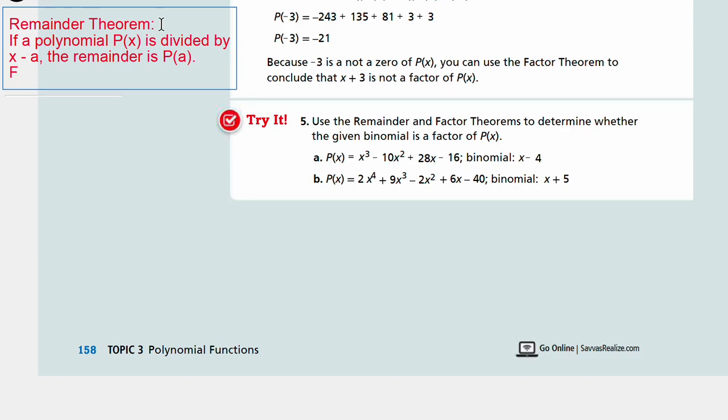And using this, we know the factor theorem is also valid.